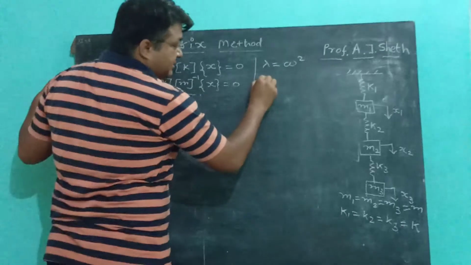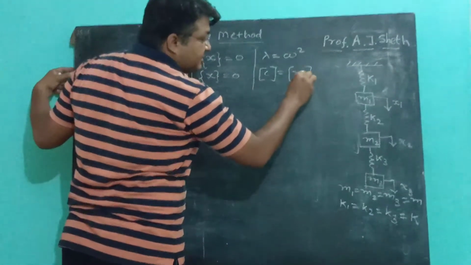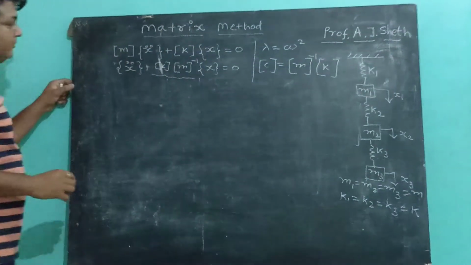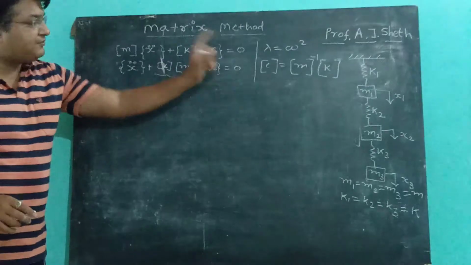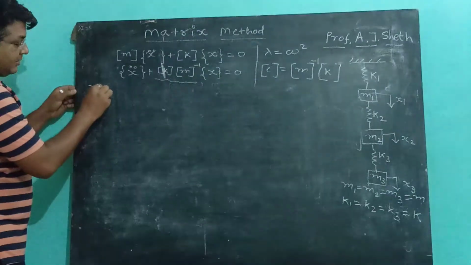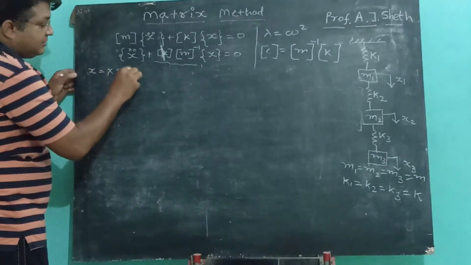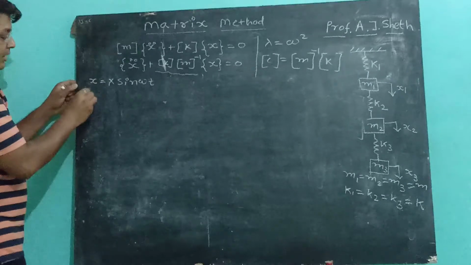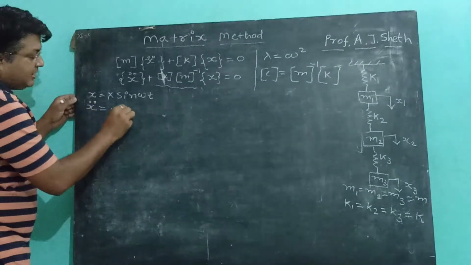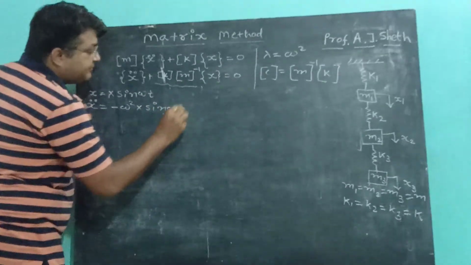The next one is dynamic matrix, it is equal to M inverse K. Now come back to this first. The simple harmonic motion x is equal to x sine omega t, and acceleration is minus omega square x sine omega t.